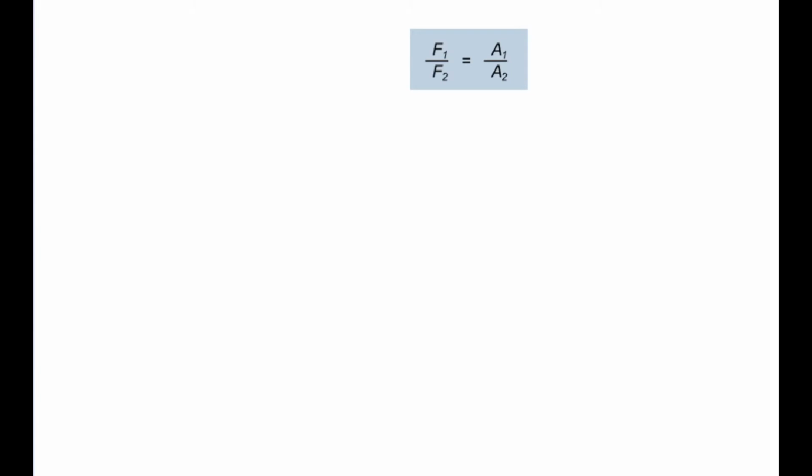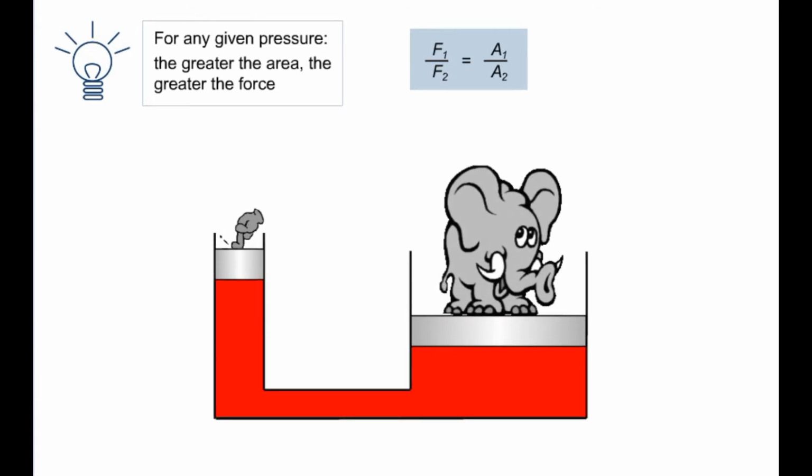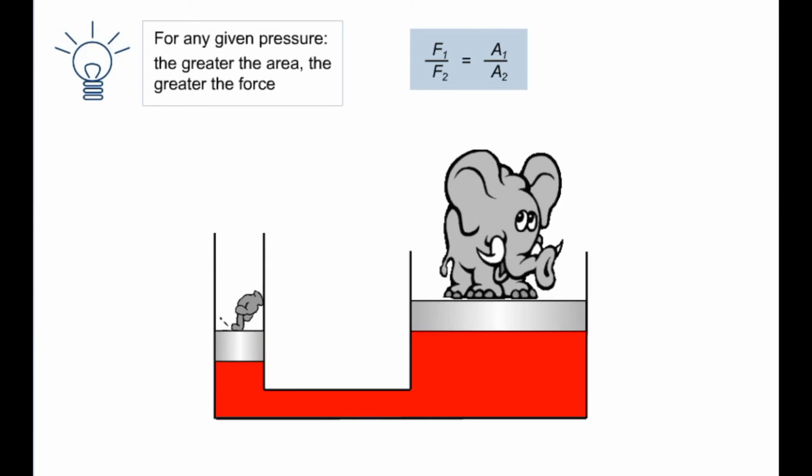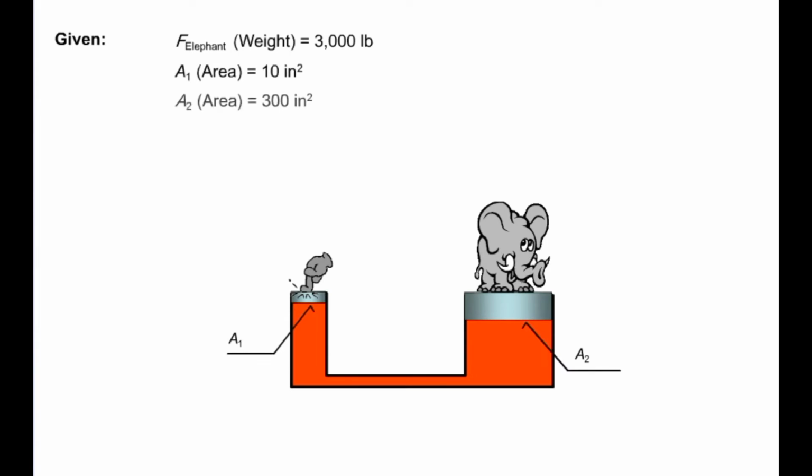This leads us to the conclusion that for any given pressure, the greater the surface area, the greater the force. A hydrostatic system, such as the one shown here in the diagram, may therefore be used for the transmission of force. This example demonstrates the effectiveness of the force transmitted. The diagram shows a hydraulic elevator set up to raise an elephant.